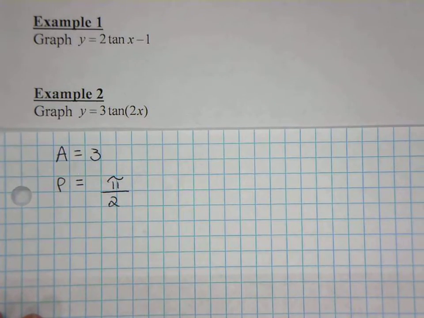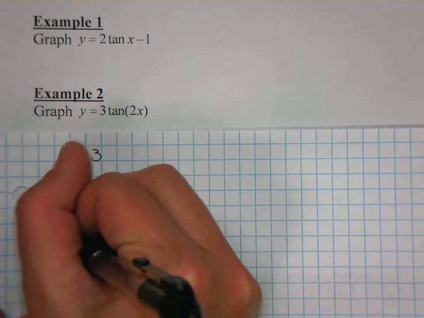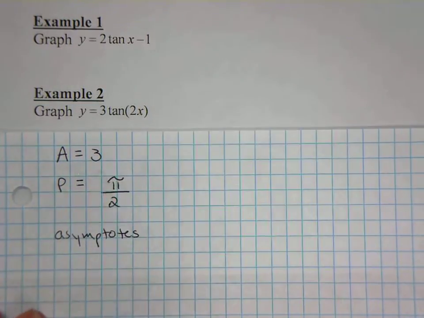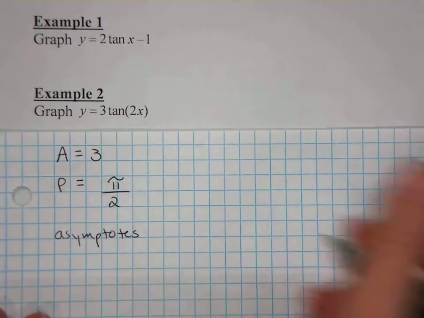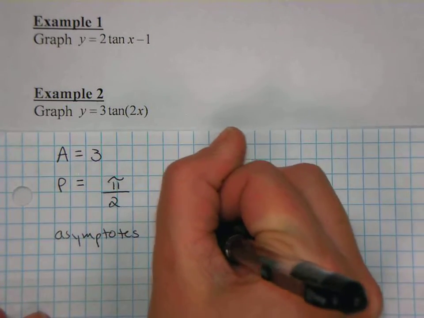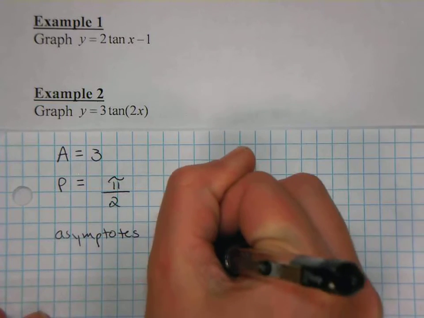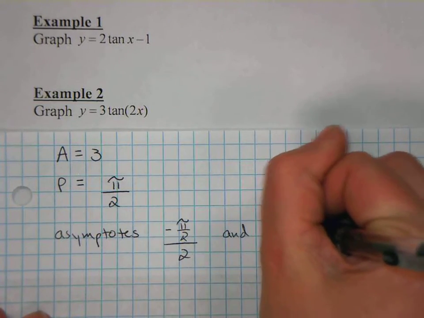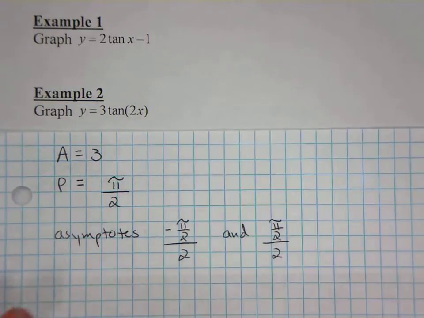So our period in this problem is pi over 2, which means when we go to find our asymptotes, I'm going to have to do negative pi over 2 divided by 2 and pi over 2 divided by 2.